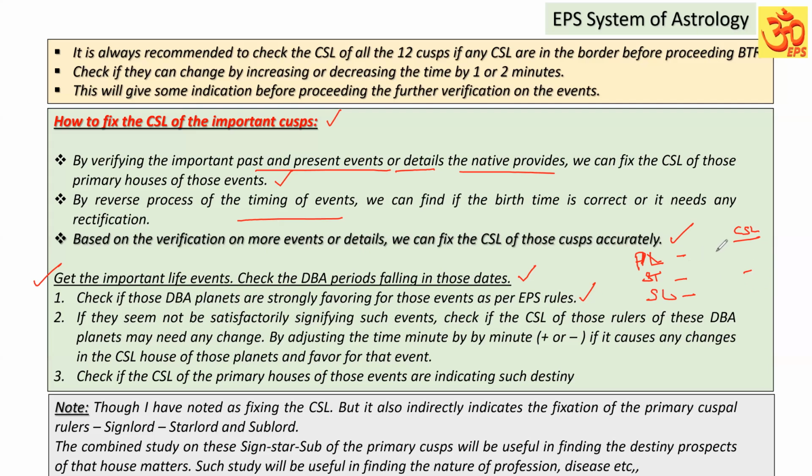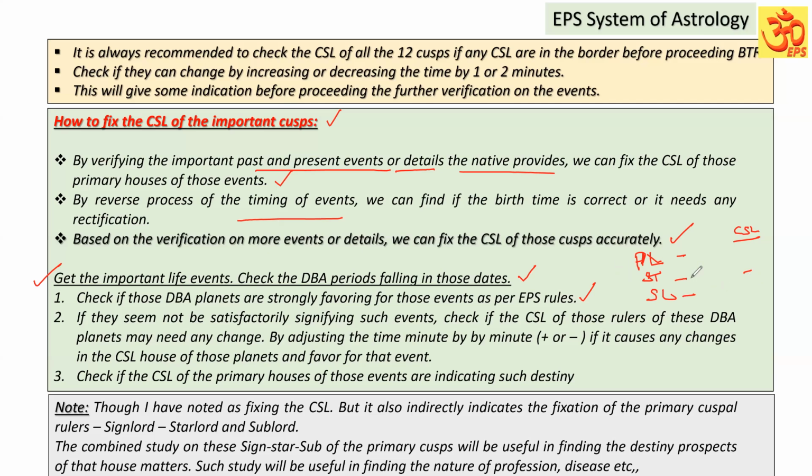The CSL of the planet can be favorable, the CST also can be favorable, but the CSL seems to be a little weaker, and the other planet is comparatively better.